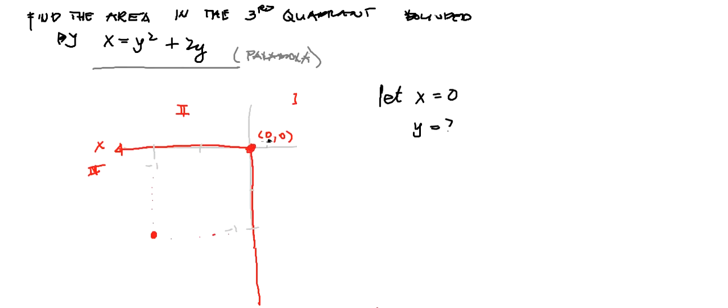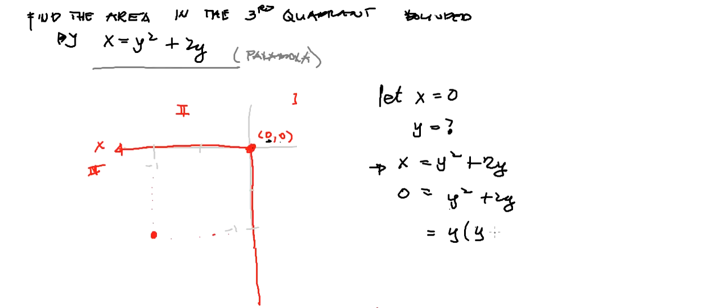If our x is equal to 0, one answer is that our y is equal to 0. So let's find the value of y using this equation again. We have x is equal to y squared plus 2y. If we let x equal to 0, then we have y squared plus 2y equals 0. By doing the algebra, we can factor out y. So we have y times y plus 2 equal to 0, and then we can now compute the value of y.